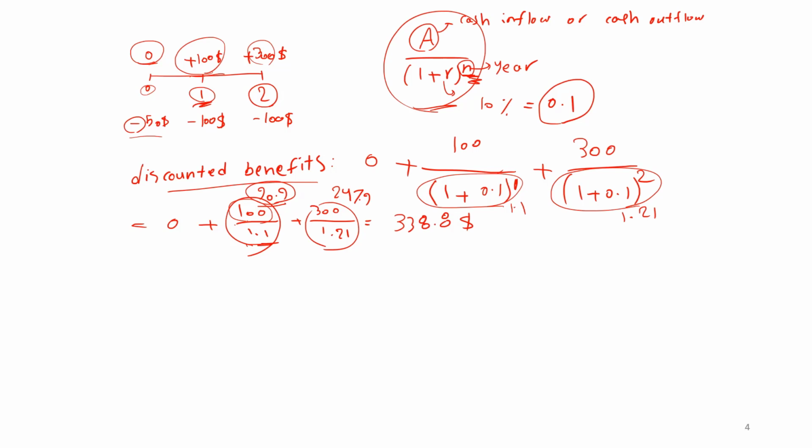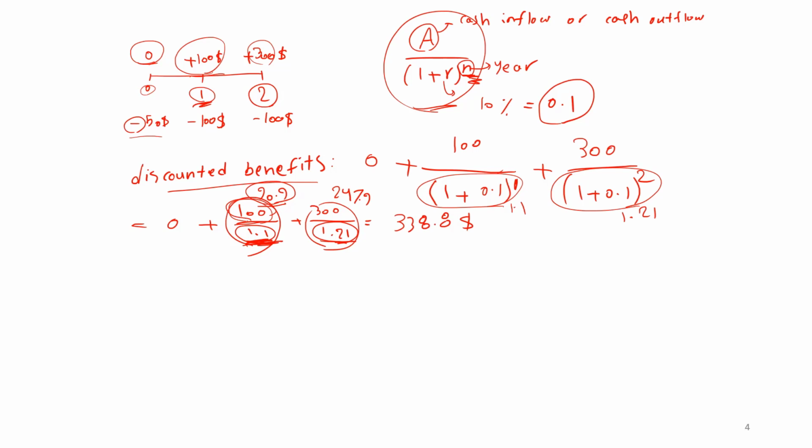So we are dividing by 1.1. Okay, 1.1 is more than 1. When you divide a number by another number which is more than 1, we will get a number less than this $100. And after 2 years, definitely the money will be worth less, right? So the denominator here is growing. The denominator after 1 year was 1.1 and after 2 years is 1.21.